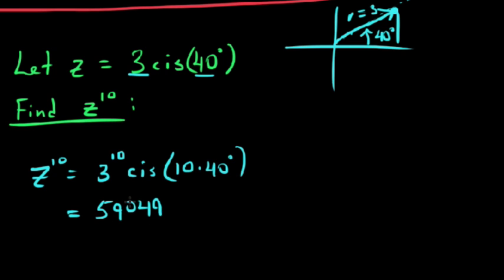59049 is the new modulus on this vector. It's really large, and we say times cosine plus i sine of 10 times 40 degrees, which is just 400 degrees. Okay, so now this is technically accurate, but one thing that needs to be said is simply this. When we talk about a number in trig form, that is, you're giving a direction in standard position, we say that theta, the argument, is typically the smallest positive angle that would get us to this.